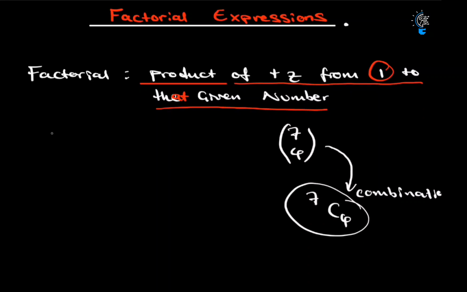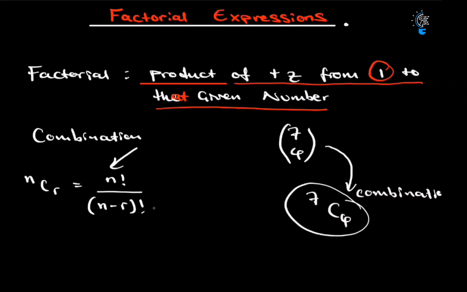One thing you need to know about combination is that it corresponds to this expression: n combined r is equal to n factorial divided by r factorial times n minus r factorial.